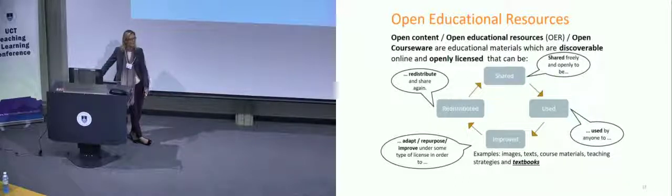And what that license enables is for the materials to be shared and used and improved and redistributed by whoever wants to use them, so freely available. An open education resource can be something as simple as a photograph. It can be a single image that you share with the Creative Commons license. You keep your copyright and your attribution, but you allow people to use it. It can also be texts, course materials, teaching strategies, and also textbooks.